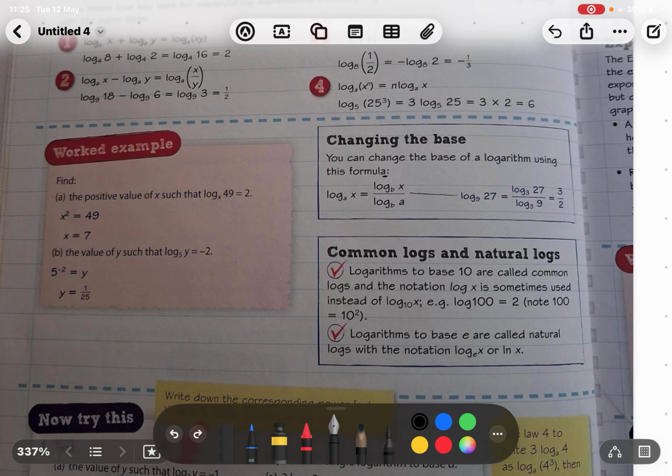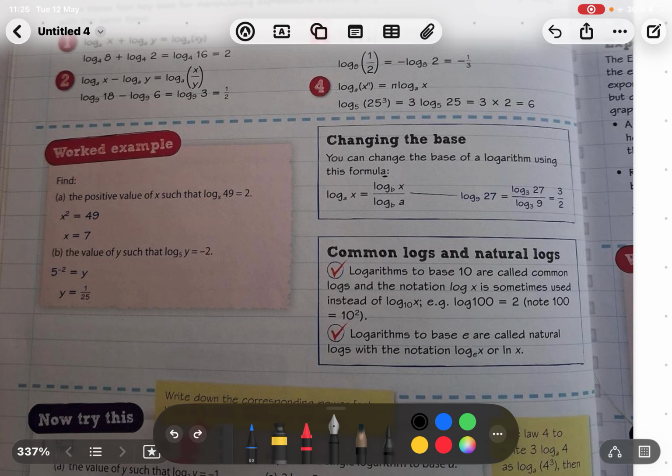Okay, I can't find a smart answer. How I see it is they just change the base. So how many 9s go into 27? The answer is 3. So could I do that with 25, for example?